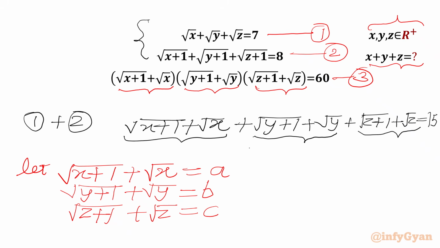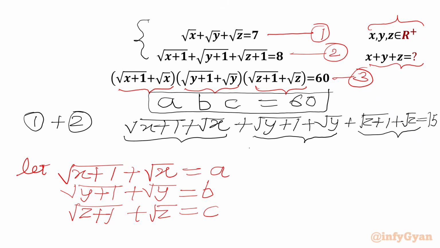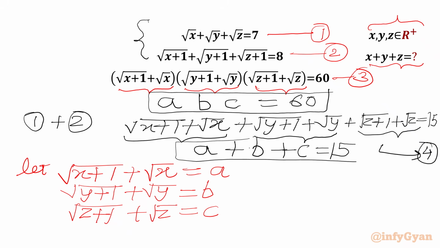So we can change our equation number 3 in variable ABC, and we can write ABC equal to 60. And from our next equation, which is suppose equation 4, we'll be writing a plus b plus c equal to 15. So we have two equations, ABC 60, a plus b plus c 15, and we have three substitution equations. Now we will use these equations.